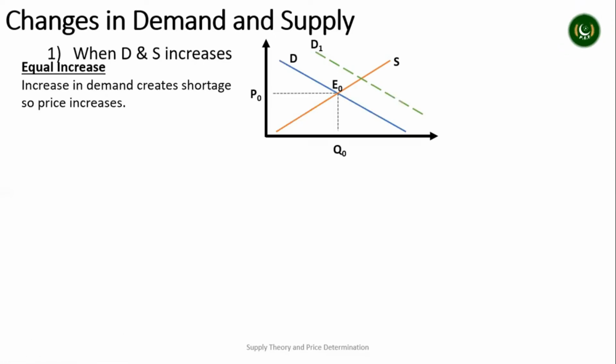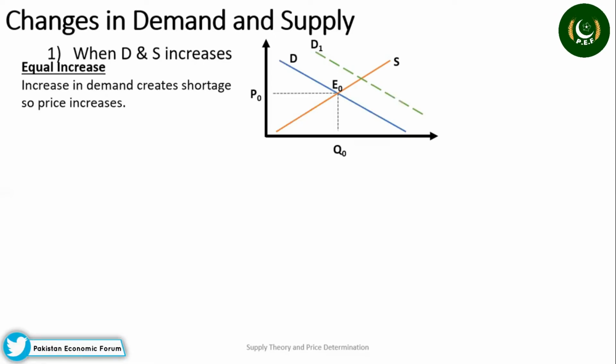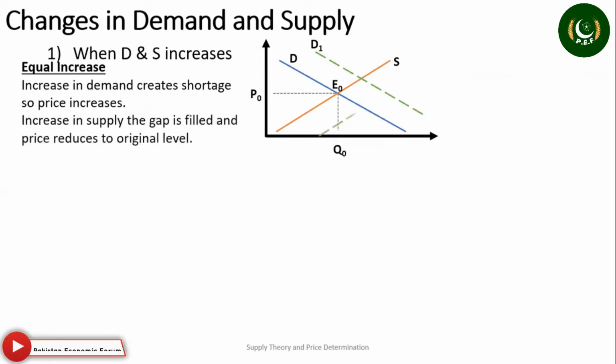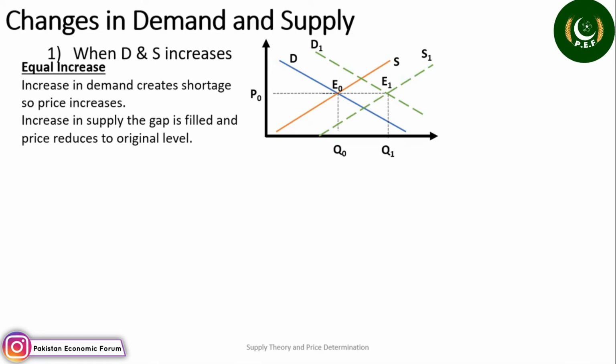This creates a shortage and tends the market price to increase. However, when the supply increases, the supply curve shifts to the right, fills the shortage, and therefore there is no change in the price. However, there is a significant change in the quantity traded.